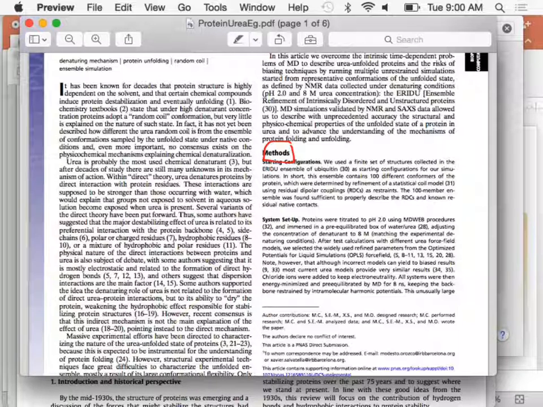So we do want people to repeat our experiments. However, if they repeat them well in the first shot, what does that mean about your job security? Not very good. Because now somebody else can do exactly what you just did. So there's a couple things that come down to how we approach methods sections.